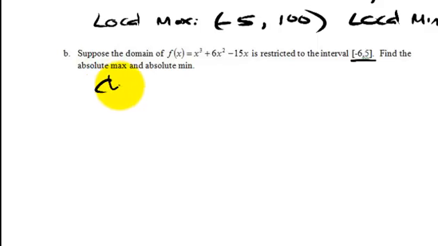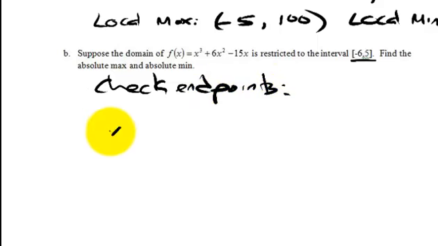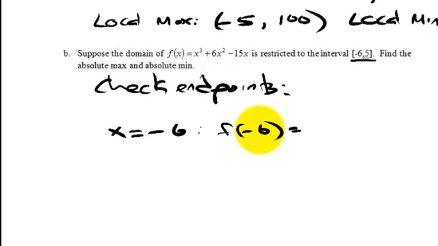So what we're going to do is check the endpoints. Let's check negative 6. If I plug in negative 6, let's see what we get. I get 90. That does not beat out 100, so this is not an absolute max.